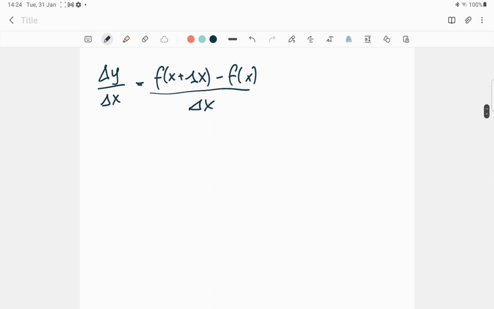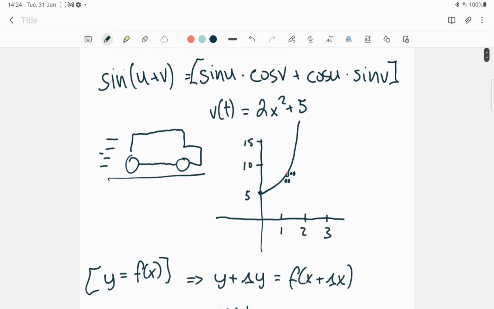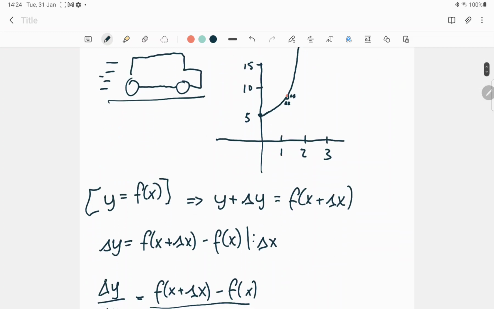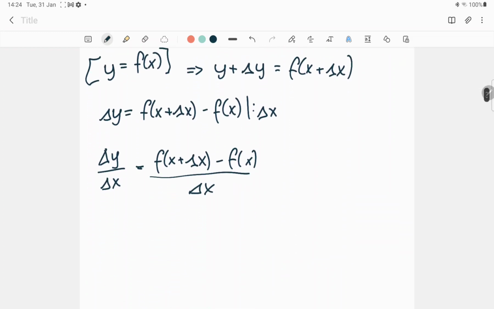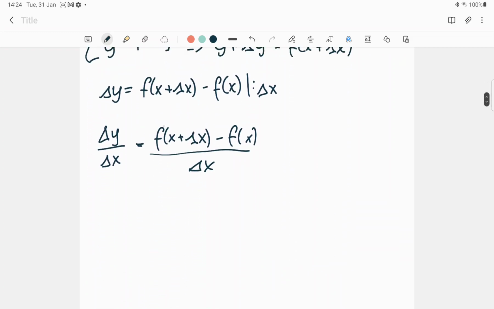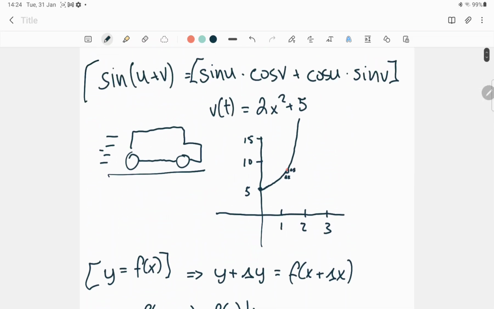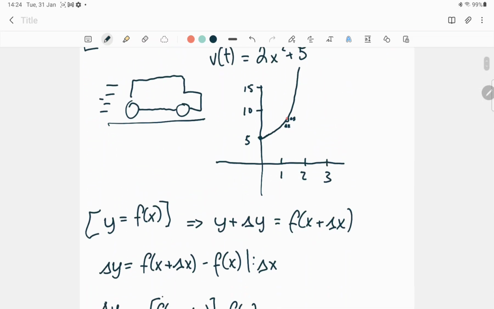And how do we use this with the sine u plus v identity? You might already catch upon it, but if you see this f, our function outside, and then our x plus delta x is written in exactly the same form as this.